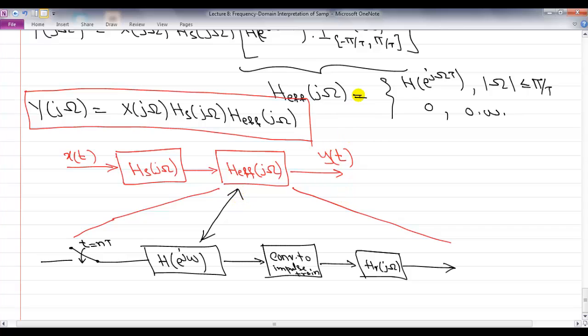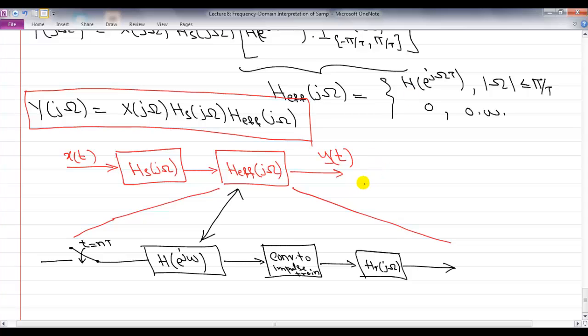What is the relationship? The Fourier transform of your effective filter is simply, if you look at within π, you just scale your Fourier transform of your discrete filter by a factor of 1/T, and then you just look between −π/T and π/T.